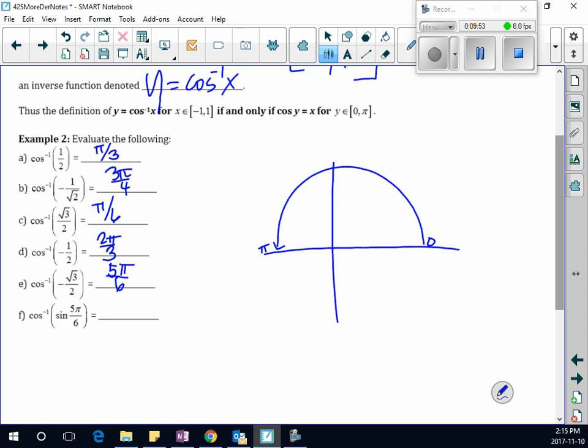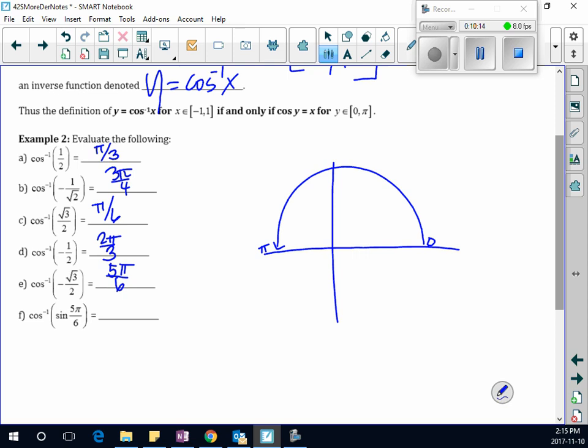Again, you have to think of where cos is negative, and it's only negative over here. So it has to be whatever that family is in the second quadrant. Negative a half is in the pi over 3 family, so the only pi over 3 family in the second quadrant is 2 pi over 3, right?